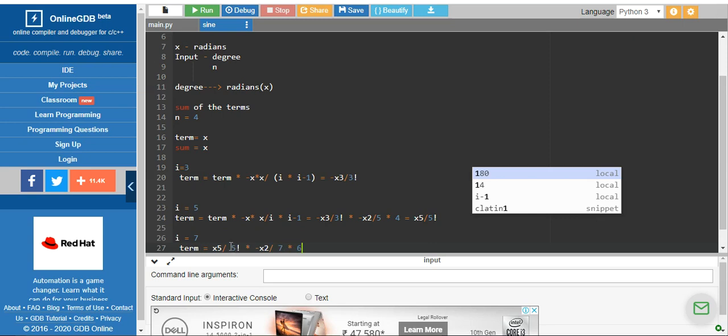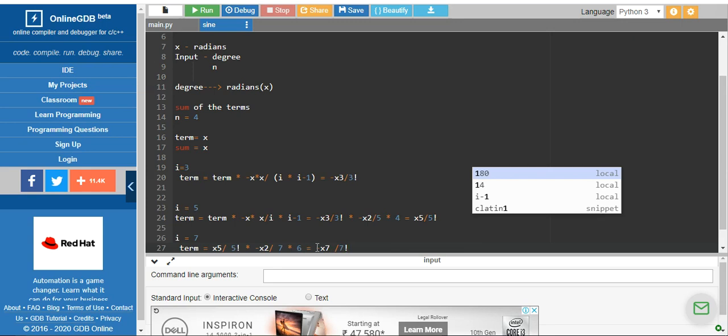So already we have 5 factorial, that is 5 into 4 into 3 into 2 into 1. So now I am just multiplying i into i minus 1. i value was 7 and i minus 1 would become 6, and consolidately it will become minus x to the power of 7 divided by 7 factorial.